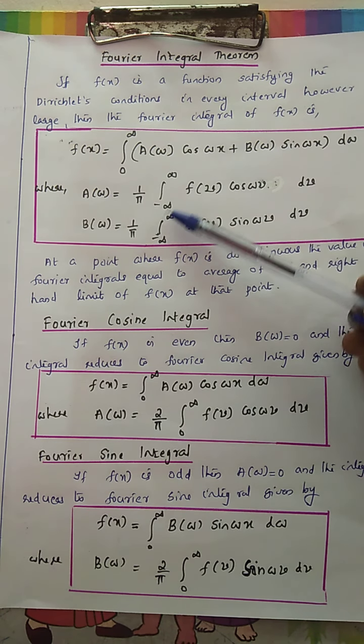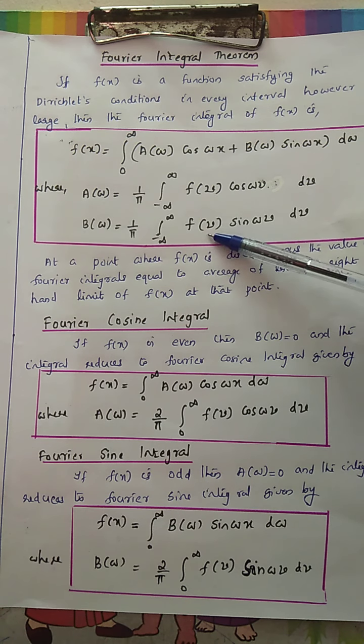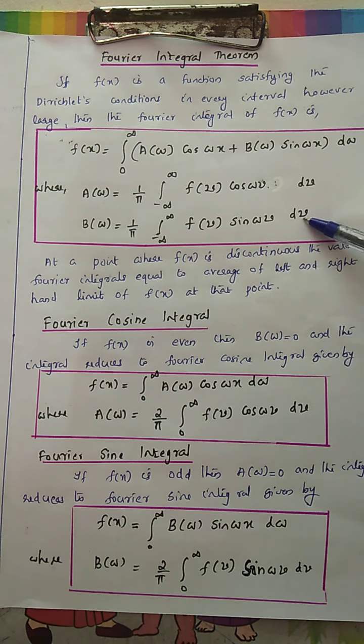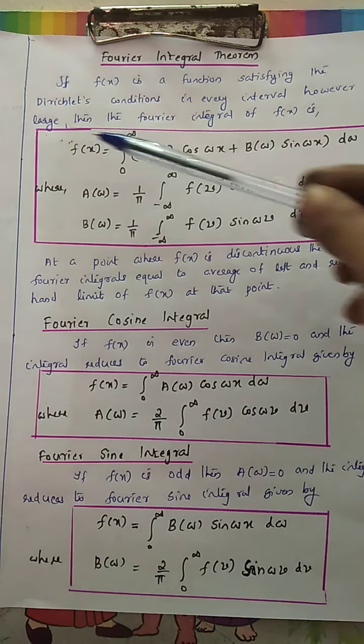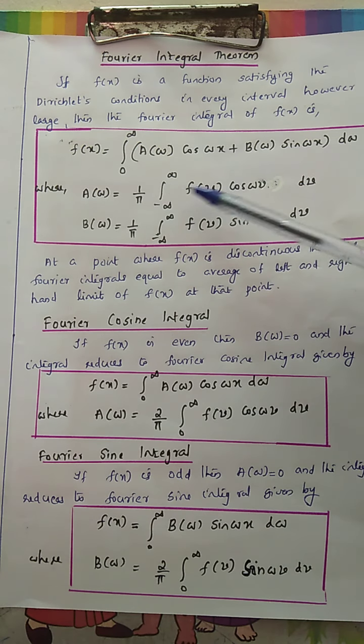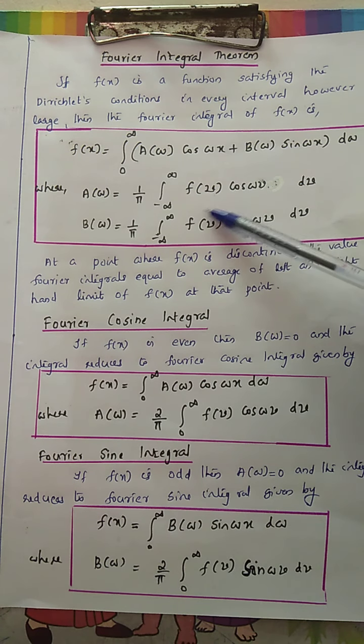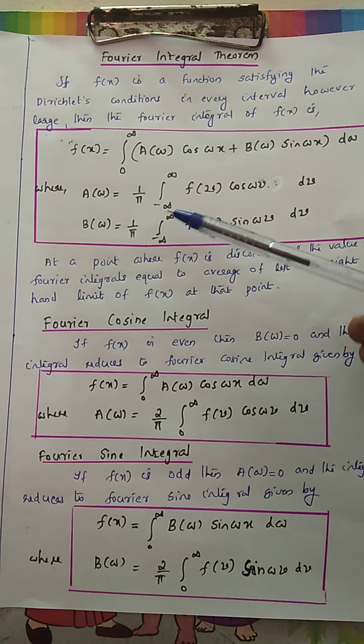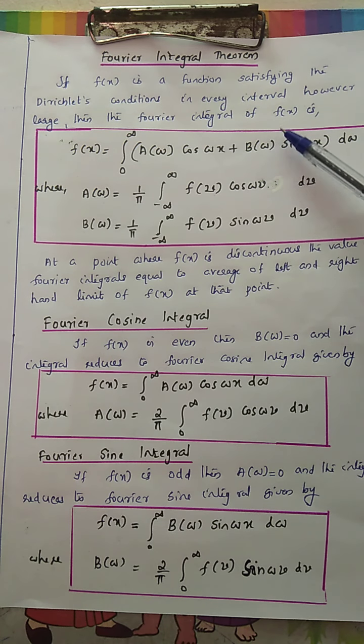B of omega is 1 by pi integral minus infinity to infinity f of nu sin omega nu d nu. You replace x by nu in f of x to get f of nu. So this is the representation of a function as a Fourier integral.